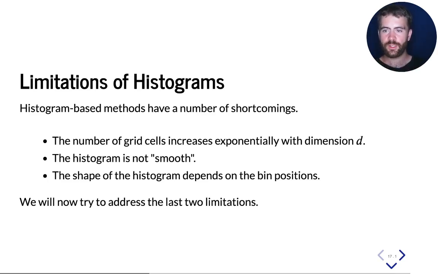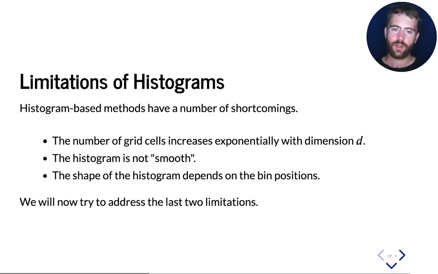In 3 dimensions I have a cube, so I have to have 1,000 of these cells, again whose dimension is 1.5 along each axis, and in dimension d I will have 10 to the power d such cells. So the number of bins grows exponentially, and this is one important limitation of this approach in high dimensions.